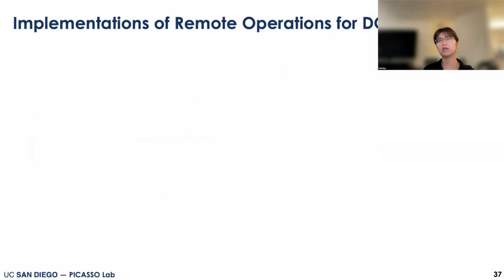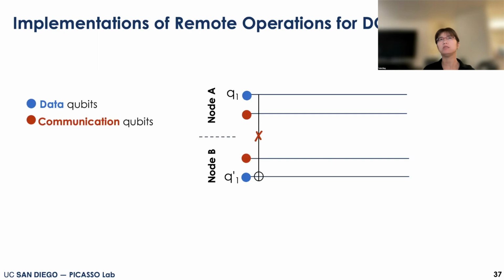Here I want to give you further information about the implementation of remote operations in DQC. Suppose we have 2 nodes, node A and node B, and you want to enable a CNOT gate between Q1 and Q1 prime. Because they are not directly connected, you cannot shoot a pulse onto the resonators connecting them, just like what we do locally for a superconducting device.